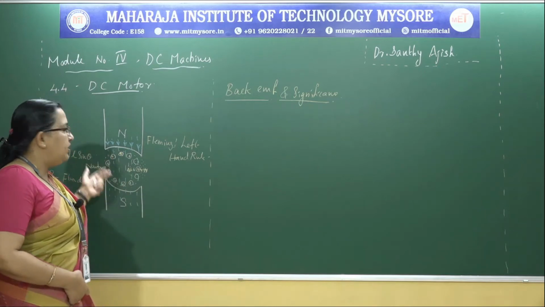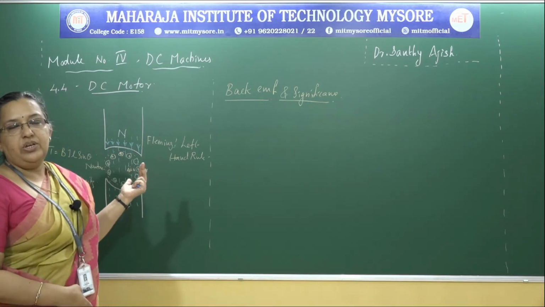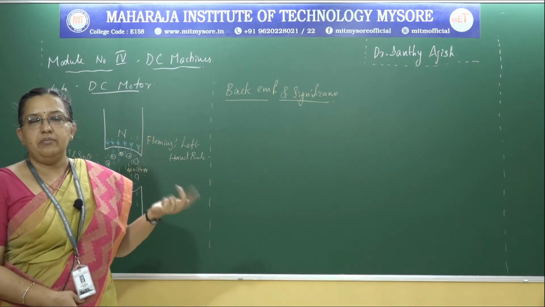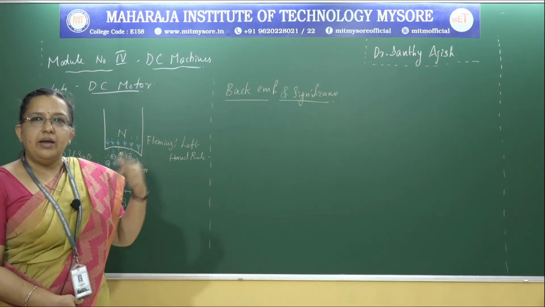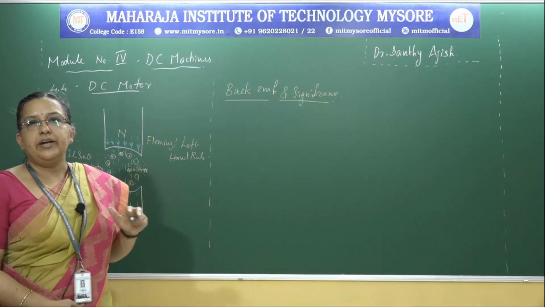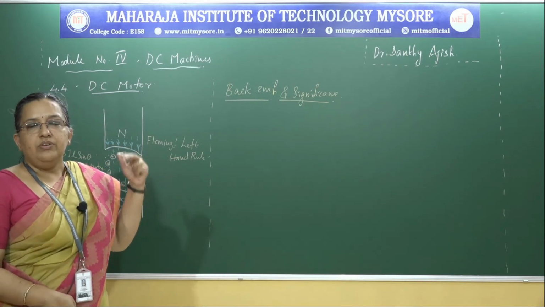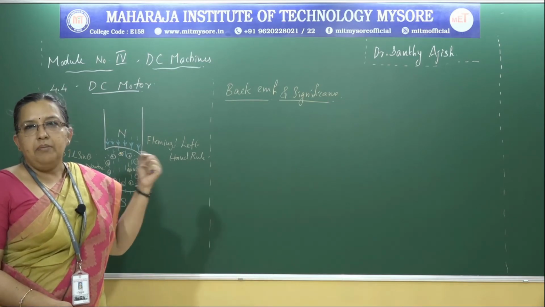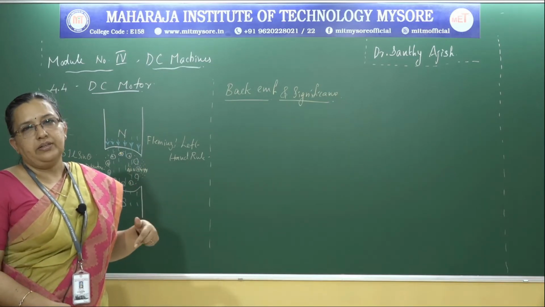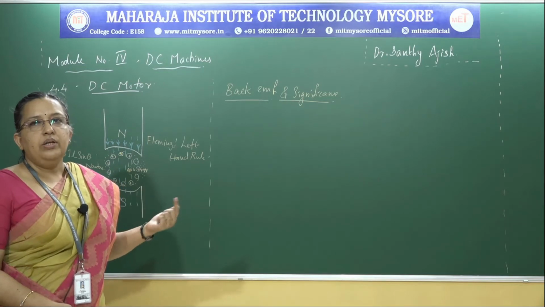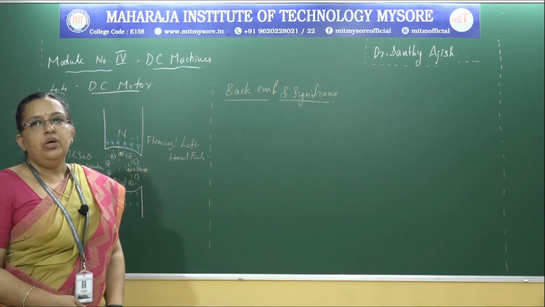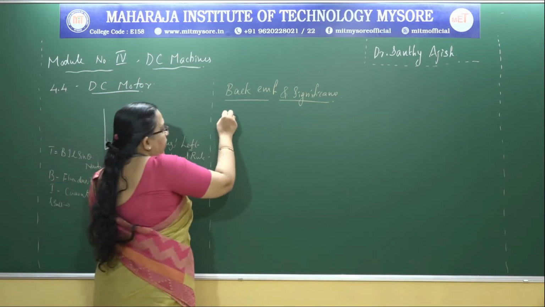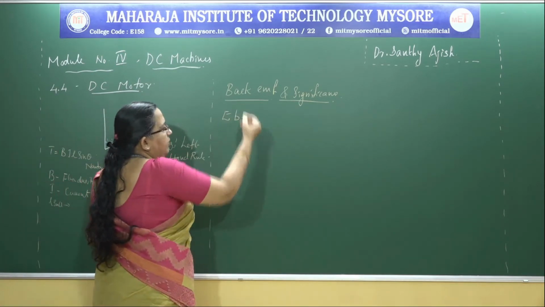Once the armature starts rotation, the case is similar to a generator, because flux is there and the armature, in which conductors are placed, is rotating. So the flux is cut by the armature conductors again, and an EMF is induced in the conductors which is opposite to the applied voltage. That EMF we call the back EMF, and it is represented by EB.